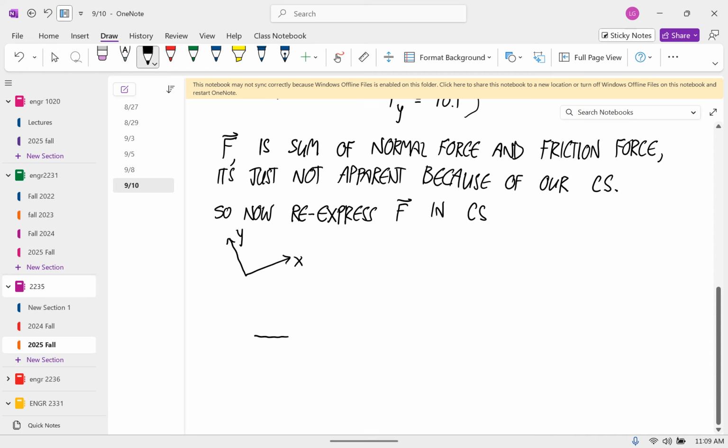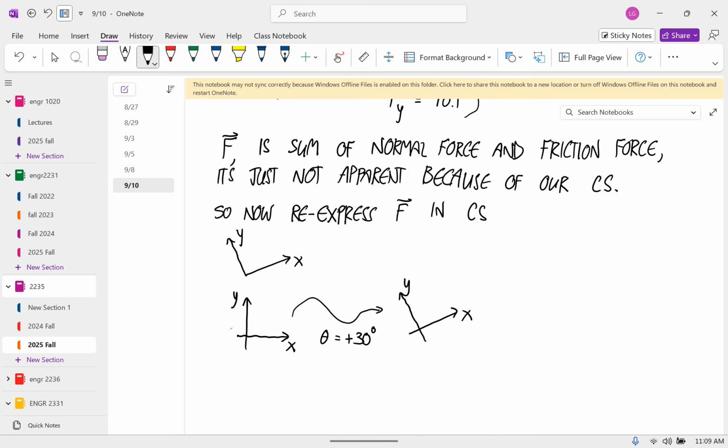So we're going from this coordinate system, where the vector is originally defined, to this coordinate system. Counterclockwise, how do you have to rotate the one on the left to make it line up with the one on the right? Yep, positive 30. If it was clockwise, then it would be negative.